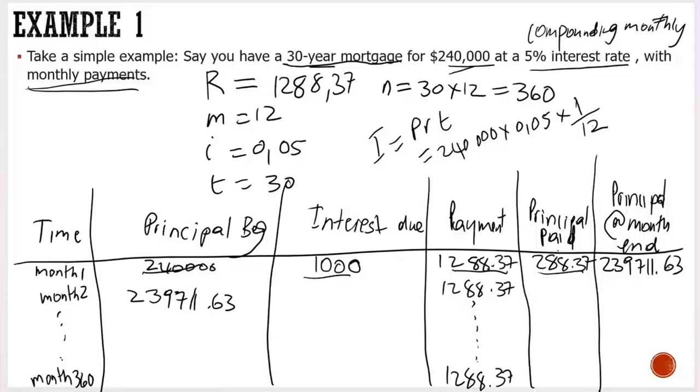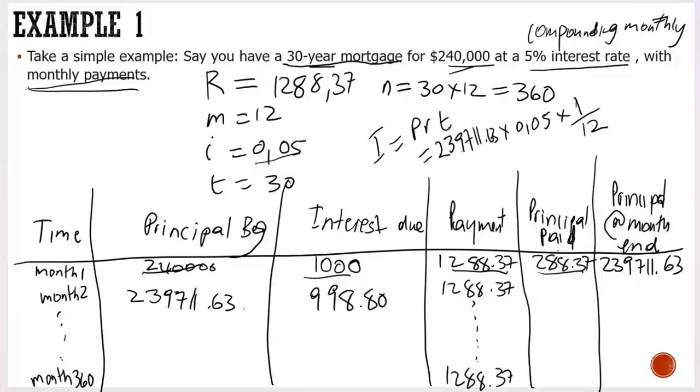You will have to calculate the interest on this amount. The interest for this 1 month is going to be the principal multiplied by the interest multiplied by 1/12, because you are calculating for each and every month. So for this month, 239,711.63 will give 998.80.